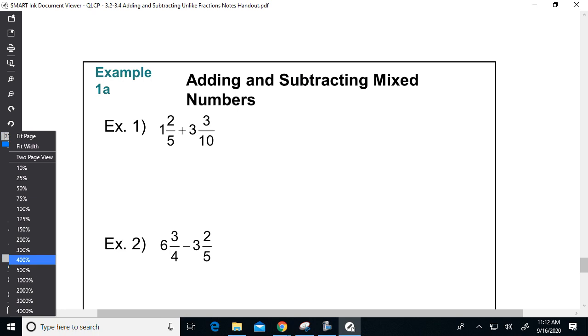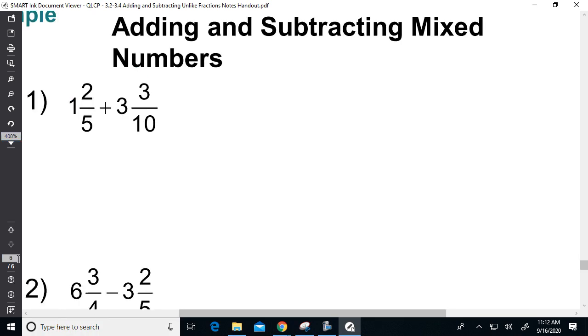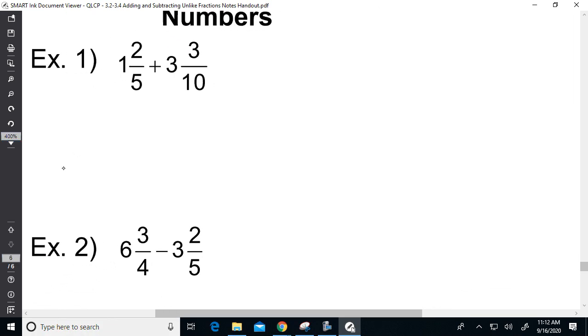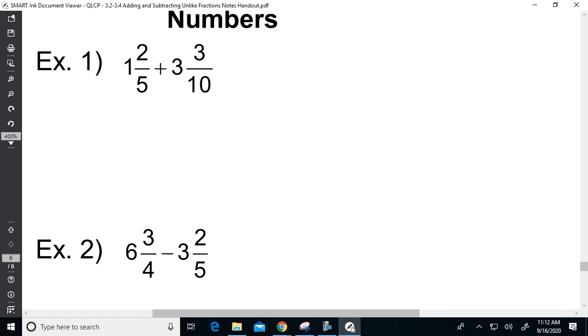Alright, so 1 2/5 plus 3 3/10. So the subtraction example is there in case people finish early and want to work ahead. If you're a person that likes to write it up and down, that's fine. No problem with that.